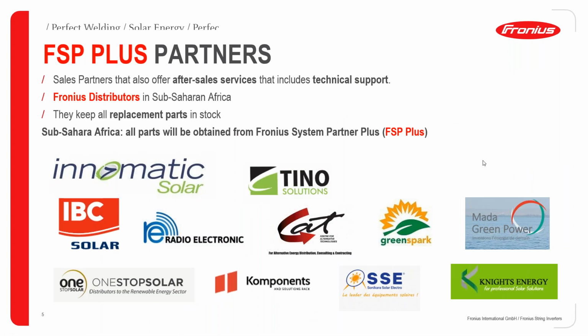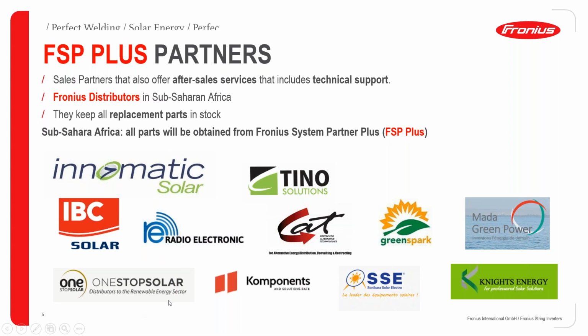I'd also like to show you our different distributors in the markets. As I showed you in the previous slide, we have 3 permanent employees in Fronius for the Sub-Saharan region. However, on top of that, we also have distributors in the Sub-Saharan African region. These are all our distributors currently in the Sub-Saharan region. If you are an installer in South Africa, your distributor will be either Innomatic Solar or IBC Solar. If you are in Namibia, your distributor will be Radio Electron.